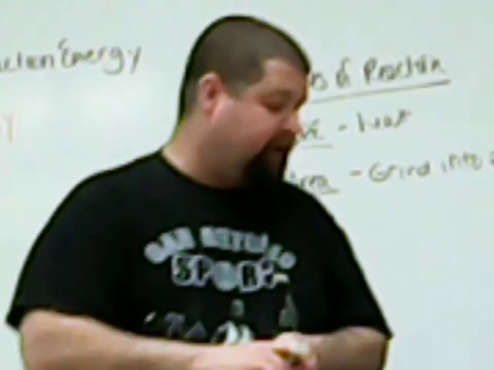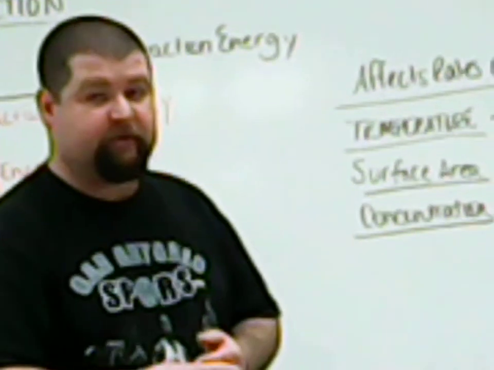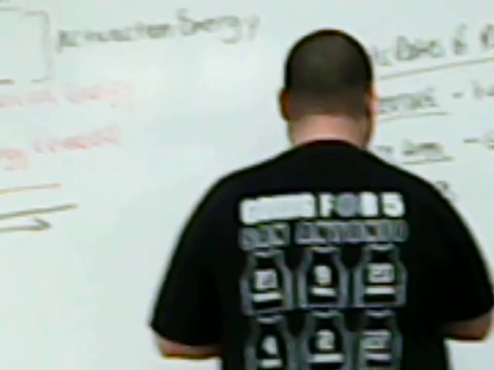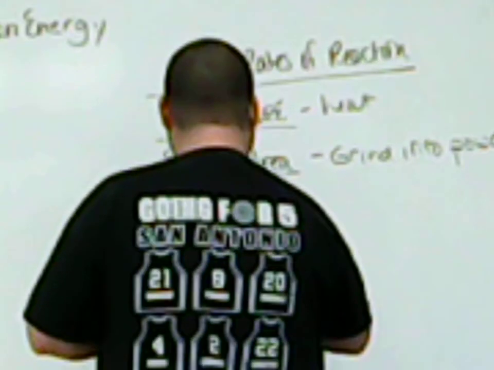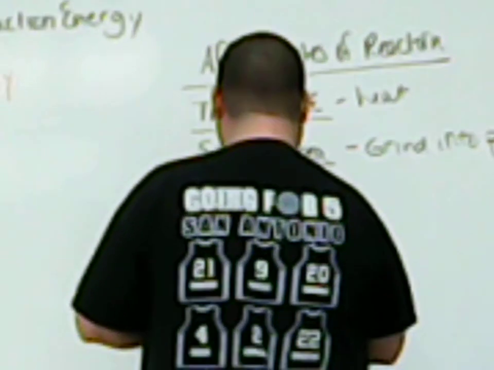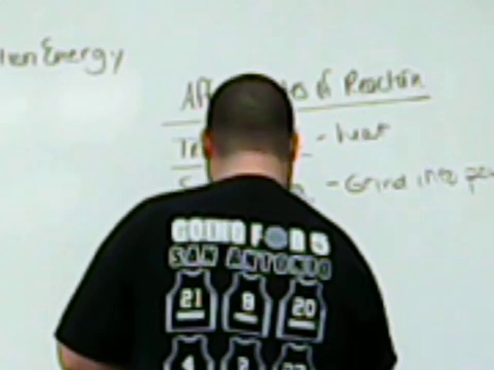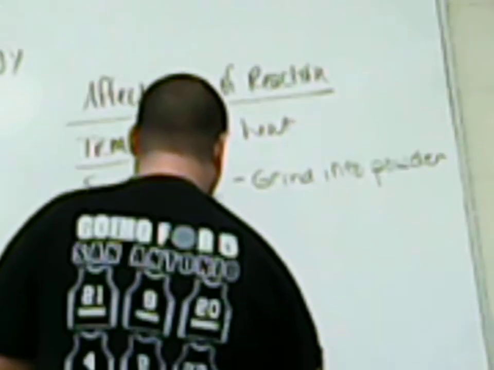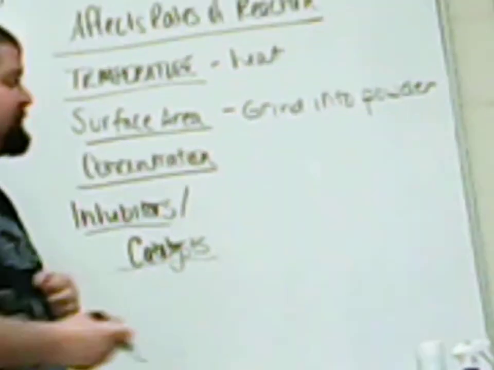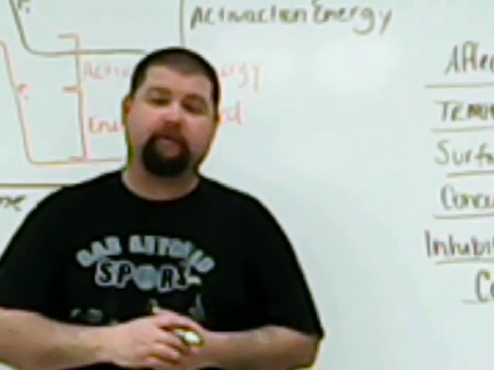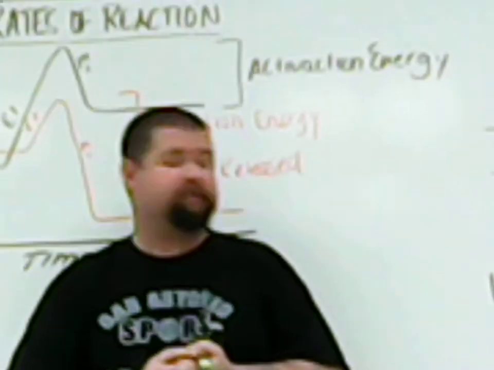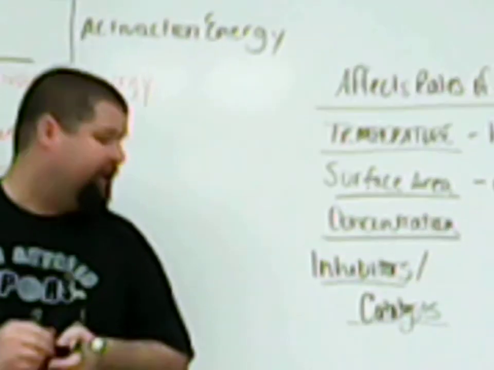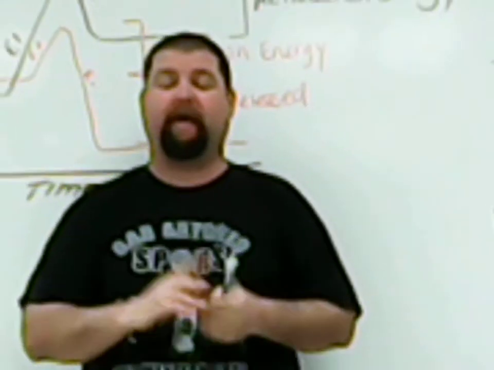And then the last one we'll talk about are inhibitors and catalysts. And they're antithesis of each other. So inhibitors, as the word inhibit implies, means that they are going to inhibit a reaction from occurring.